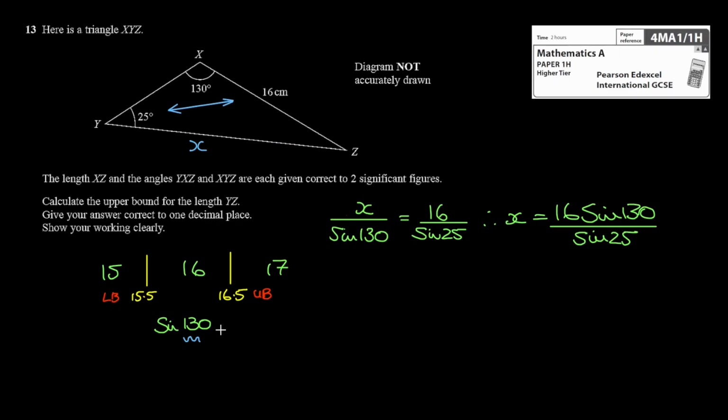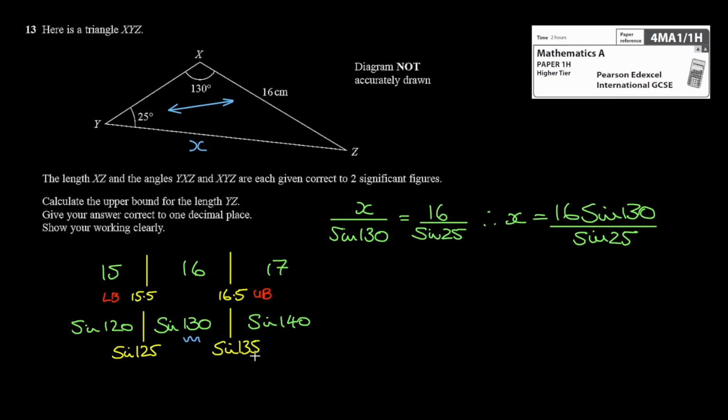So the next one up, and I use that word advisedly, is sine 140, and the next one down is sine 120. And in the same way, these border crossings will be at sine 125 and sine 135.